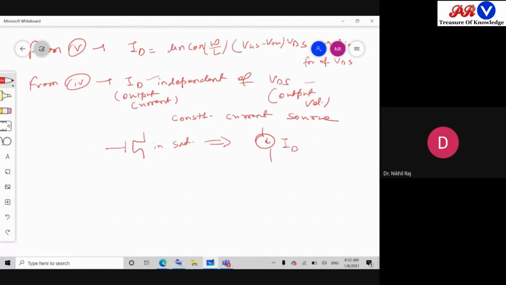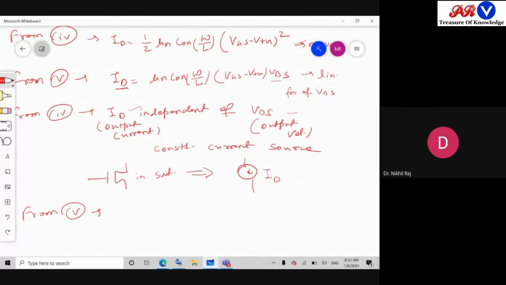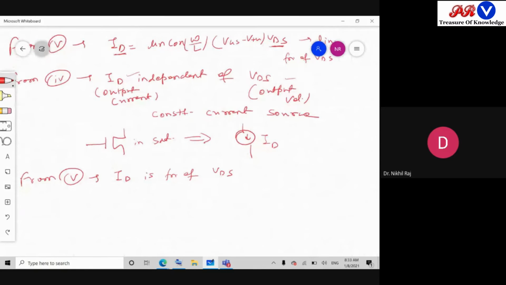And from 5, what we see, from 5 if you see this ID output current, and here is the output voltage. So output current and output voltage are linearly dependent. So here ID is a function of VDS, that too in a single power. So ID is linearly dependent on VDS.